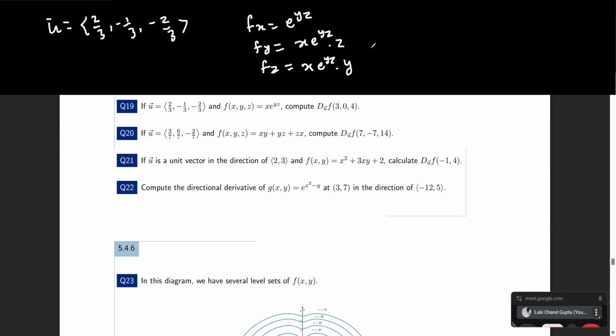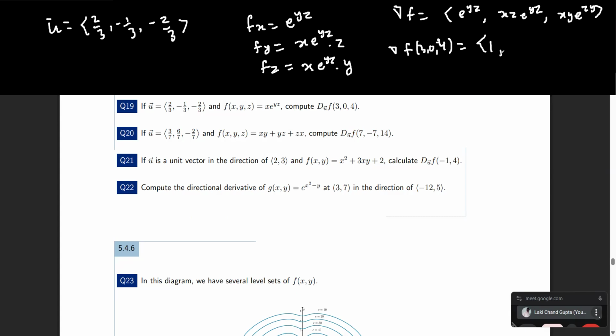So put y equal to 0. When you put y equal to 0, e raised to 0 is 1, right?